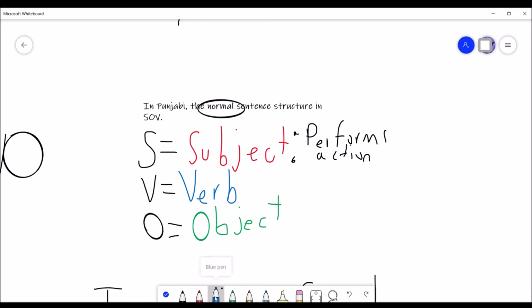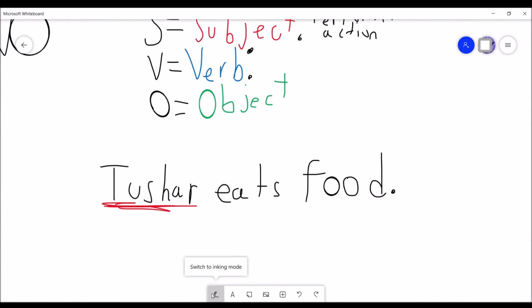The verb is the action. So in this sentence, the verb is eats. Eats is the verb because that is the action.